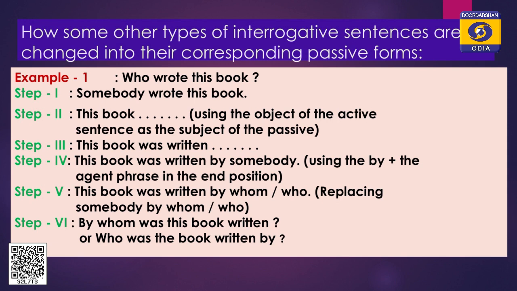So, somebody wrote this book, this is the declarative form, and again you bring the object to the subject position, this book. Then this book was written by somebody. In case of somebody we can use by whom or who. So, by whom was this book written, or who was the book written by.